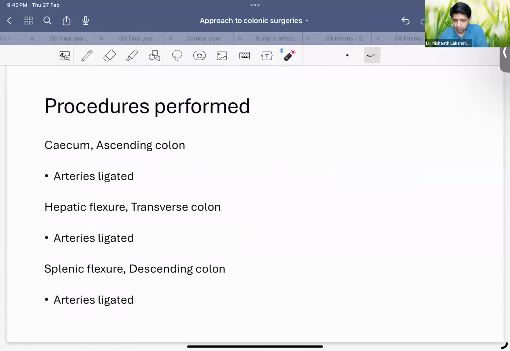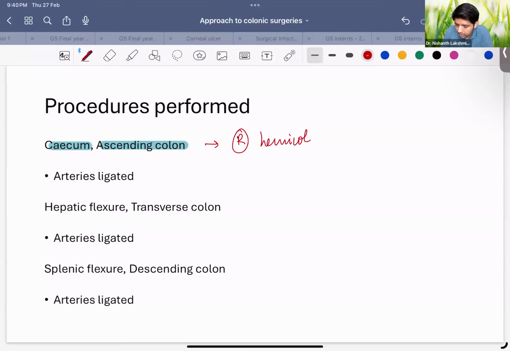Now, coming to the procedures performed, it depends upon where the tumor is. If the tumor is in the cecum or ascending colon, you will do the conventional right hemicolectomy. The vessels ligated are your ileocolic, right colic, and right branch of middle colic.